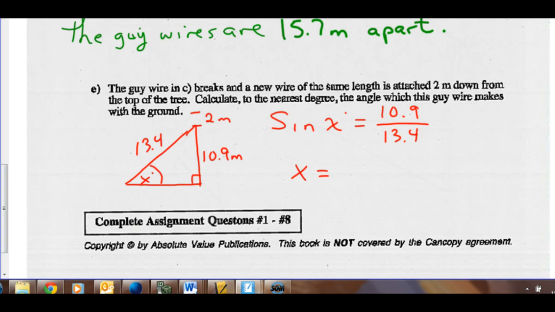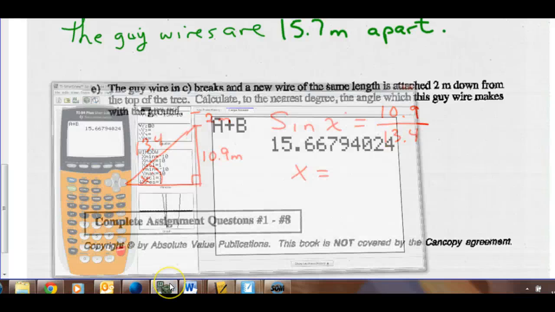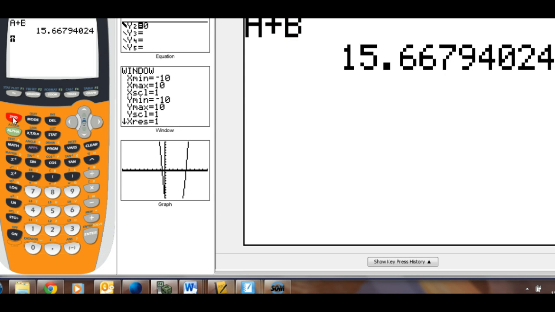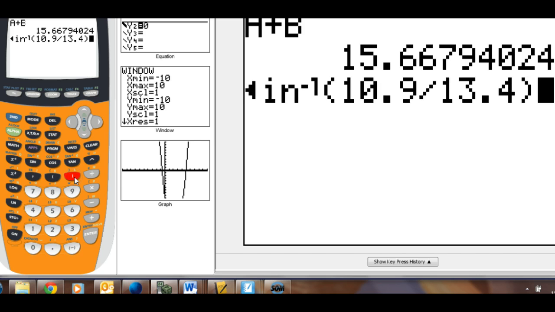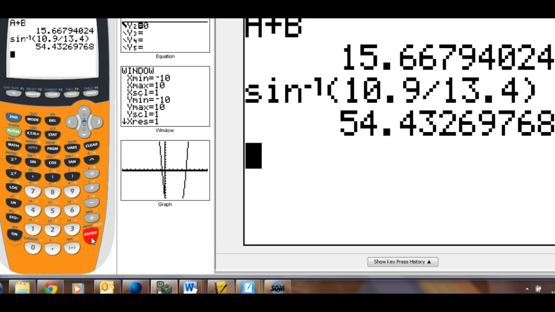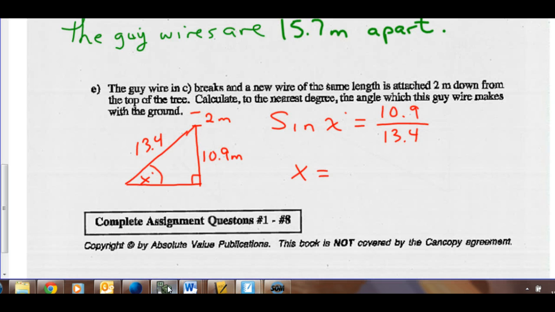I go second function sine 10.9 divided by 13.4. And this will give us an angle of about 54.4 degrees. It wants it to the nearest degree, so we would say x is 54 degrees.